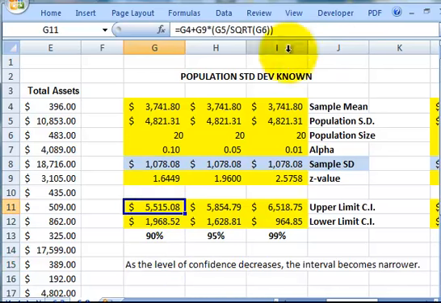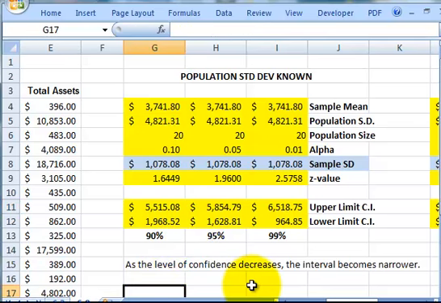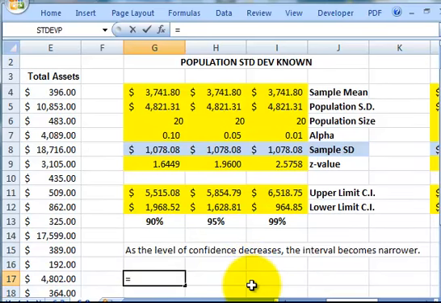Then our upper limit is relatively straightforward. Here they added in the square root, but I'll show you an easier way since I calculated that standard error already. Our upper limit is going to equal our mean plus our z-score times the standard deviation of the sample.